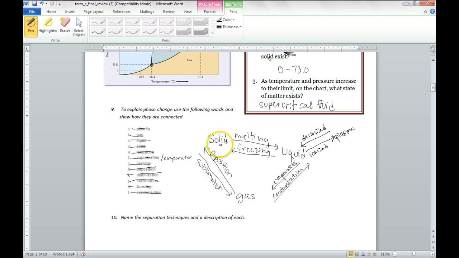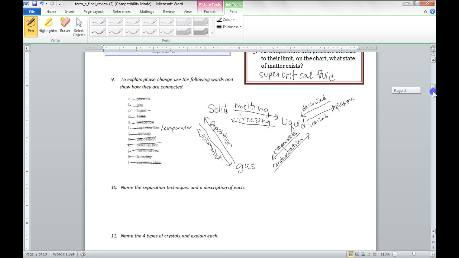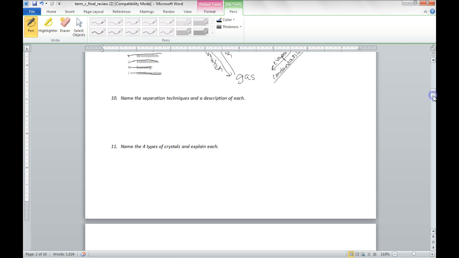Name the separation techniques and describe each of them. I'm only going to do 4 for you. That should be sufficient. I know there's 6 of them, but I'm just going to talk about 4.